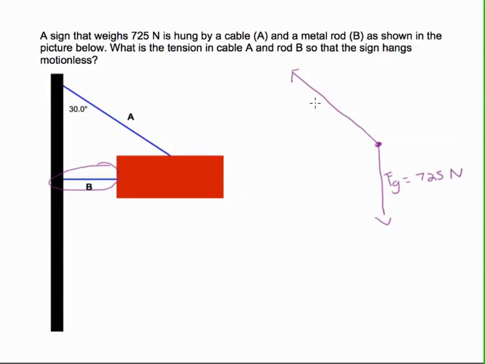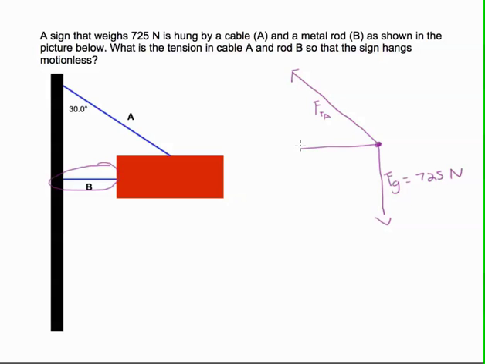We also have FTA, the tension force by cable A. And I'm going to use A instead of 1 and 2 on this problem just because the question itself gives us A and B.